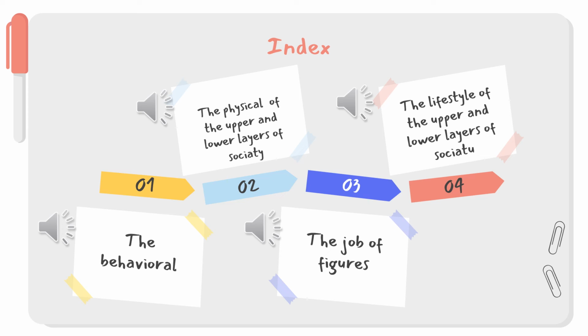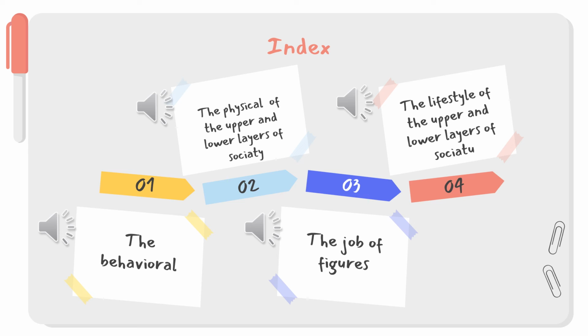The second is the physical index, a variance of the upper and lower layers of society. The physical appearance of the characters in this film is a picture of the upper and lower layers of society. Physical appearance is described as graceful, well-groomed, innocent, simple, and straightforward.